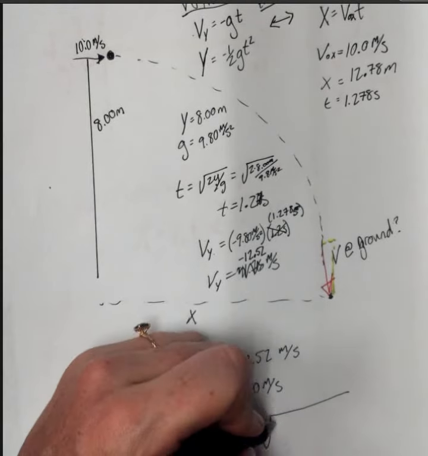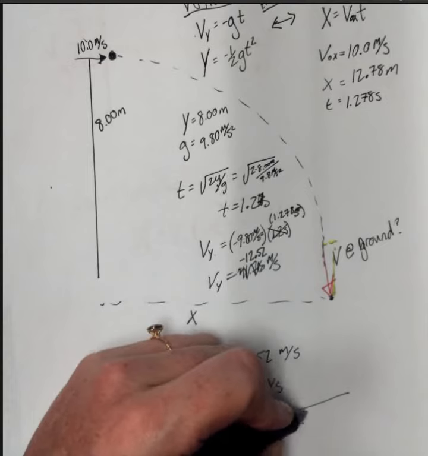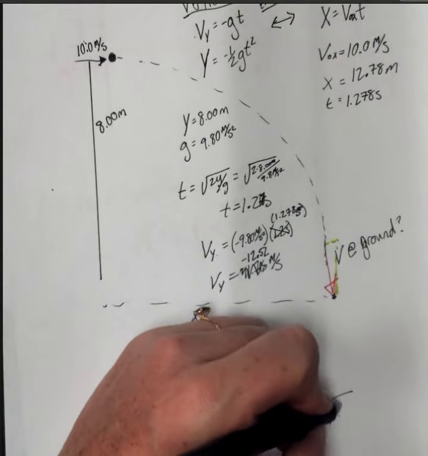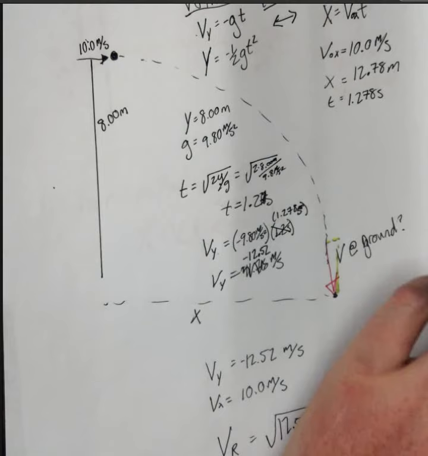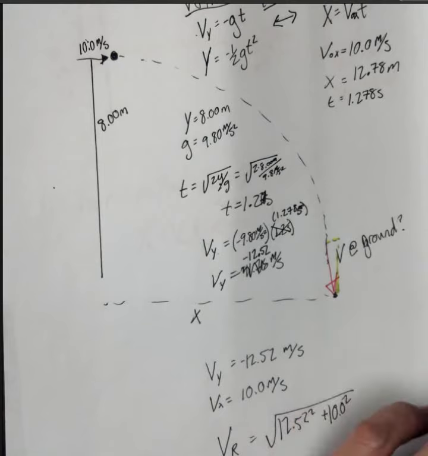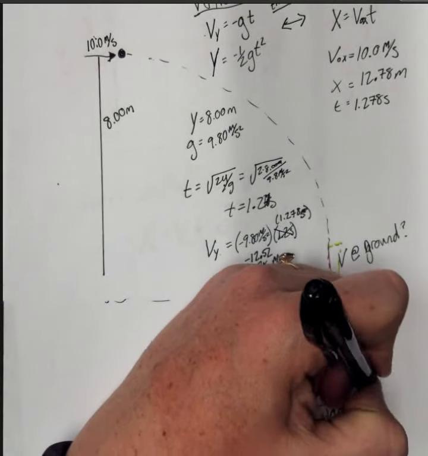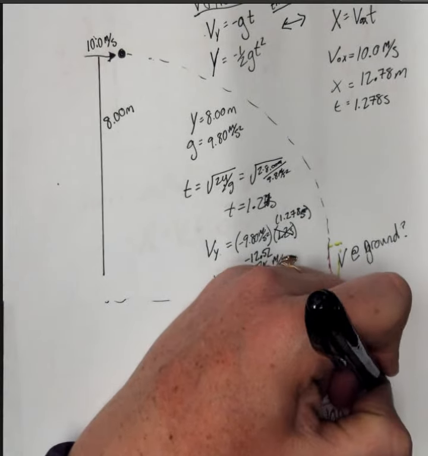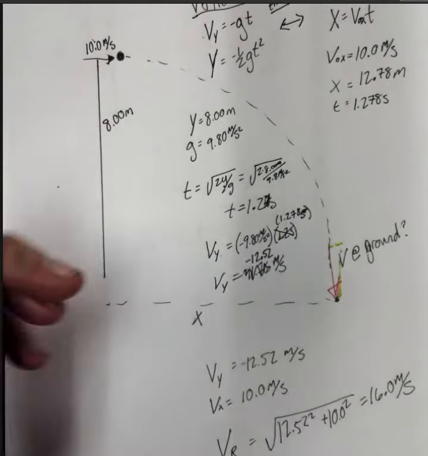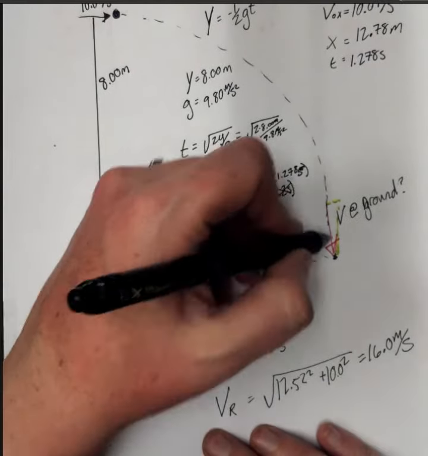So it's going to be the square root of 12.52 squared plus 10.0 squared, which is 16.0 meters per second. That's the resultant velocity right here.